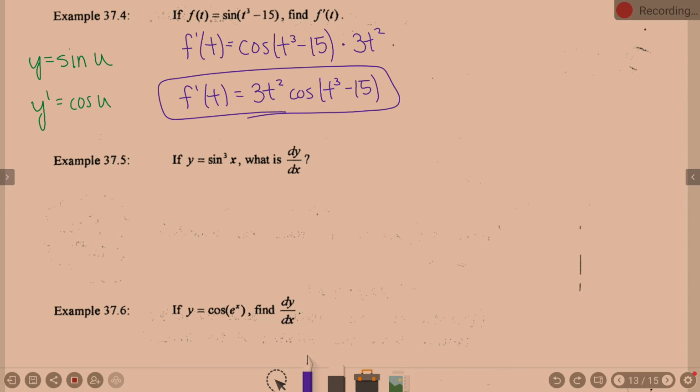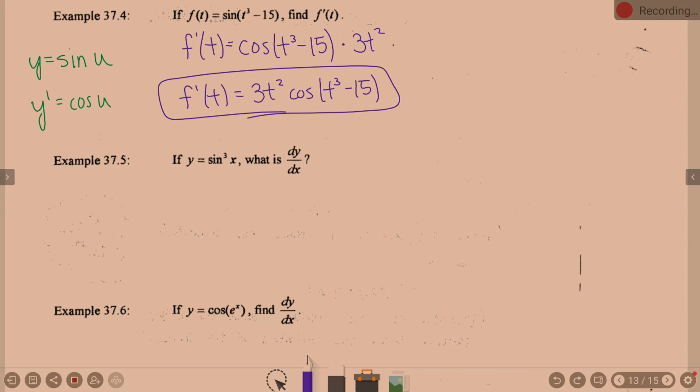Okay. Example 5. Y equals sine cubed x. What is dy dx? What is the outside power here? Or the outside function, I guess, is how I need to ask it. So since sine is being cubed, would the outside function be x cubed?